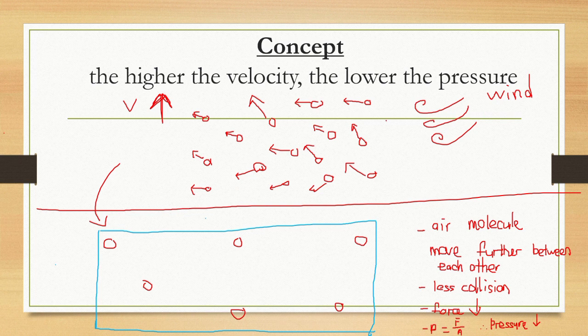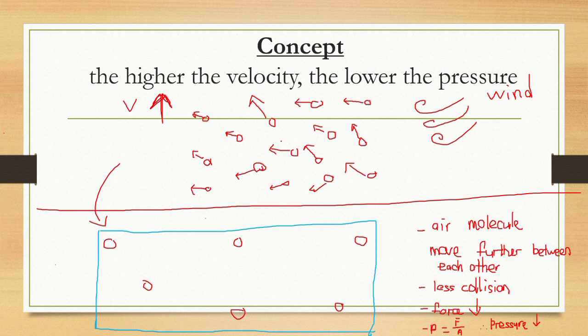So the wind will push the air molecule to move faster, okay? So this is called high velocity. So when they move at high velocity, it will move further against each other. So like this, ini akan pergi ke sini, yang ni pergi ke sini, yang ni pergi ke sini, okay? They will move further between each other.